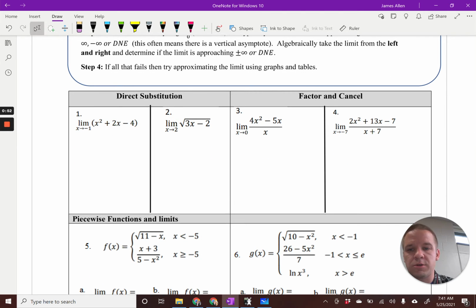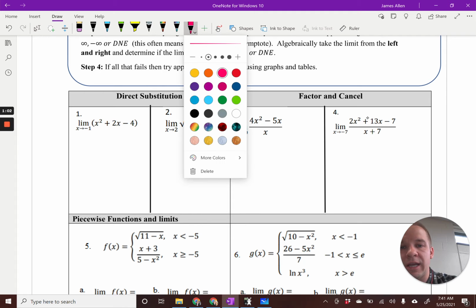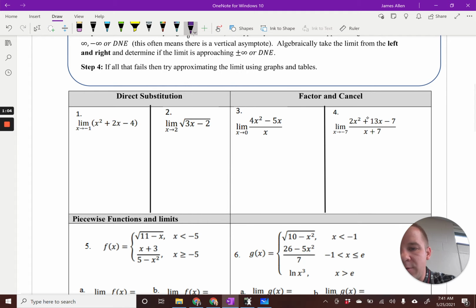So direct substitution. If I take a look at the first one, problem number 1, the limit of x squared plus 2x minus 4 as x approaches negative 1. Well, if I just plug in negative 1, let's see what we've got here. Negative 1 squared plus 2 times negative 1 minus 4. 1 minus 2 minus 4, so that's going to be negative 5.